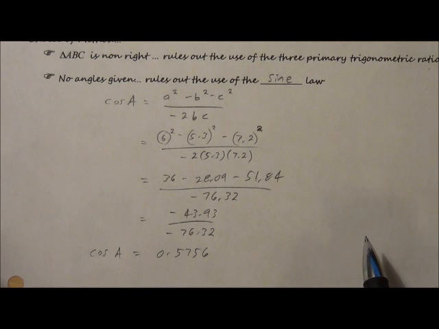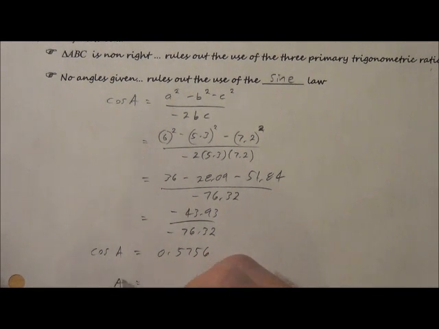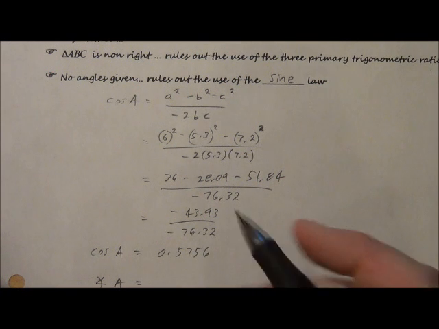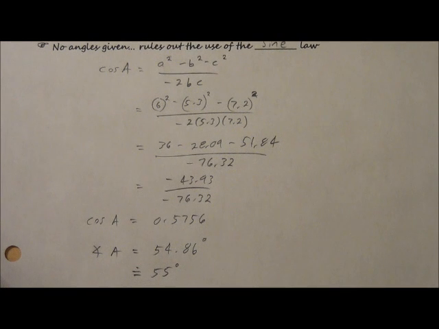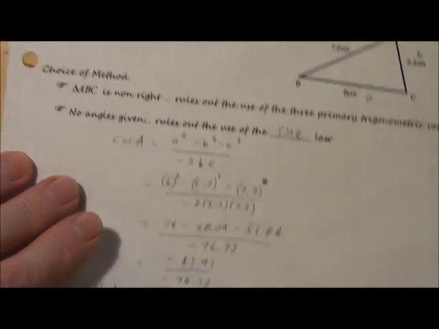So I take the inverse cosine on both sides, so therefore angle A is going to equal 54.86 degrees. Let's just round it to the nearest whole degree, so let's say it's approximately 55 degrees. Okay, let's move along to the next example.